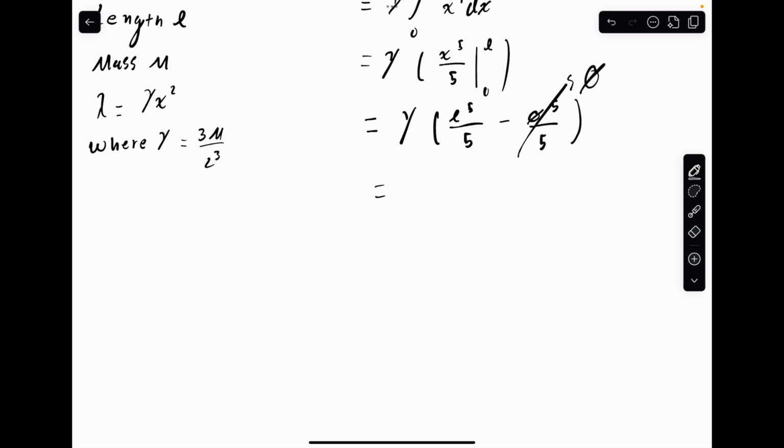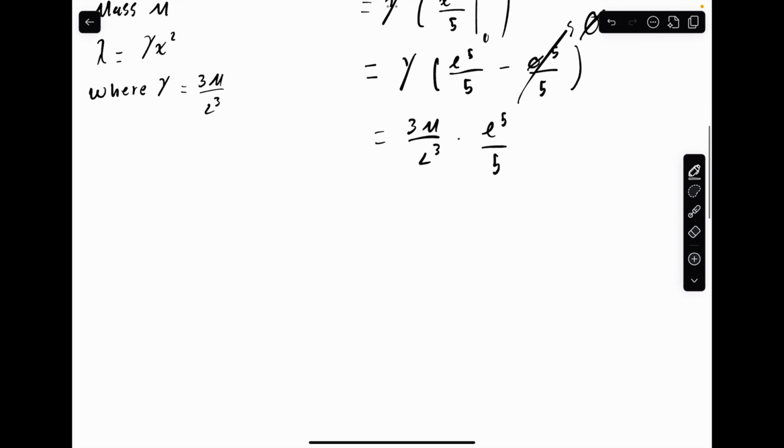Now I'll sub in for gamma, which is 3m over L to the third, times L to the fifth over 5. L to the fifth divided by L to the third gives me L squared, so the rotational inertia is 3/5 mL squared.